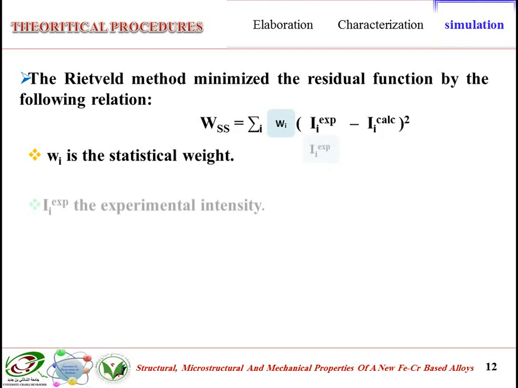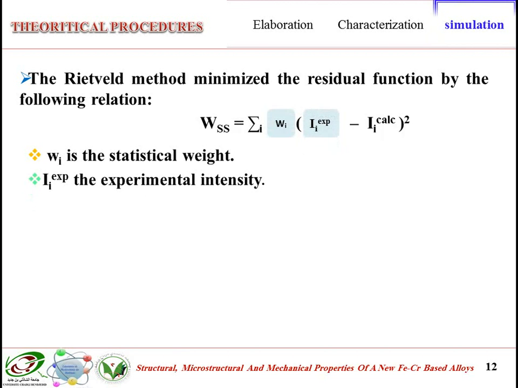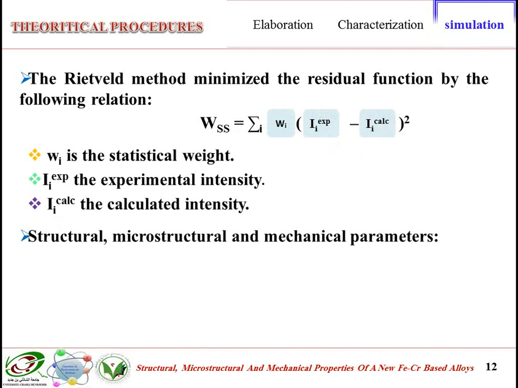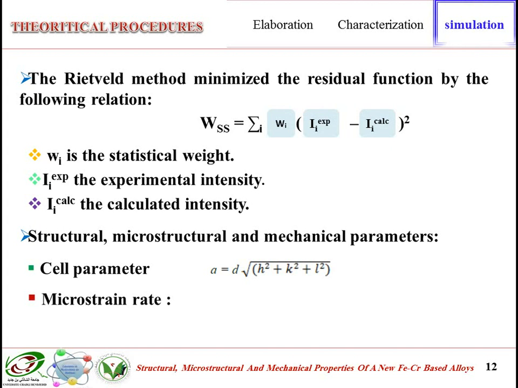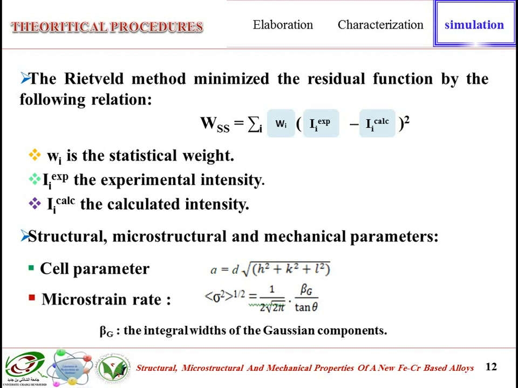With the statistical weight, the experimental intensity, the calculated intensity, structural, microstructural and mechanical parameters, the cell parameter is calculated by the relation, and the microstrain rate is given by, where beta is the integral of the Gaussian component.